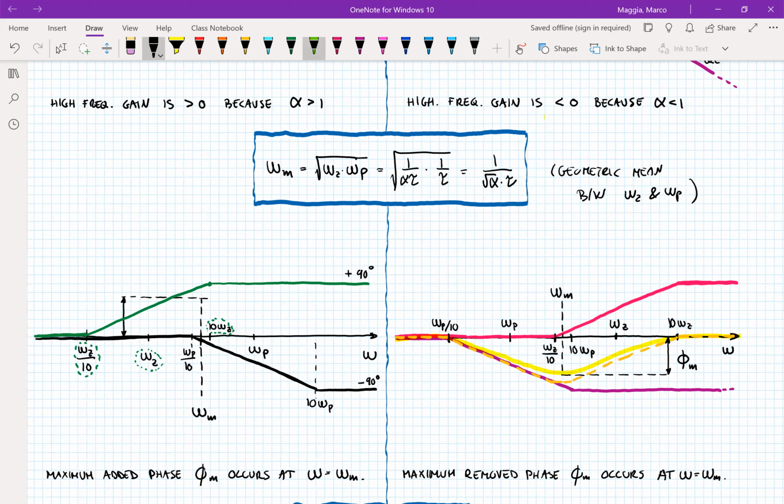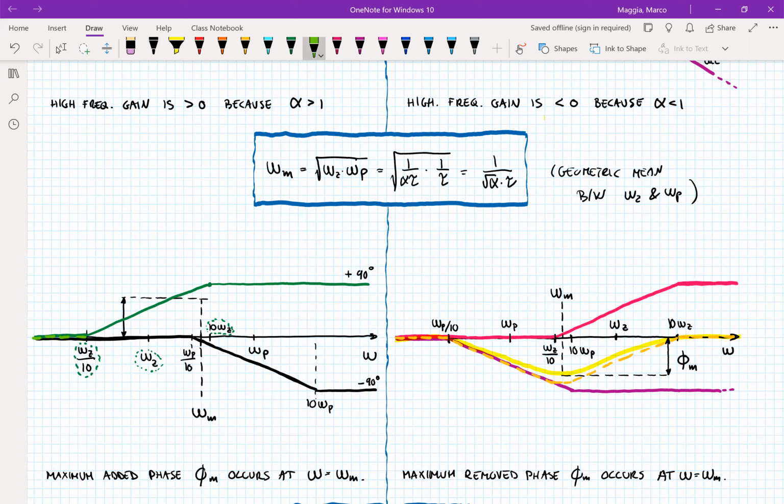Now, if we want to draw the overall contribution phase-wise of the lead compensator, then it's going to be 0 until omega z over 10. Then we just have the contribution due to the zero. And then when we arrive at omega p over 10, we have a plateau.